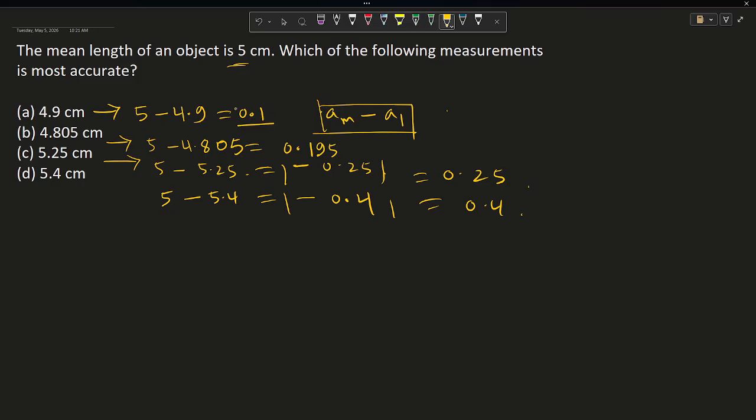This one gives the least difference, so the most accurate is option A. If the deviation is minimum, then the measurement is most accurate. Here you can see that this option has the least deviation, so it is the most accurate. So that's all for today.